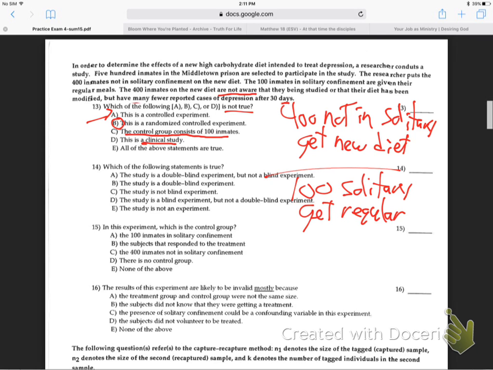Is it double blind? Double blind means both the doctors giving the treatment and the patients don't know. Just the administrators over the whole thing know, because sometimes the doctors have to identify changes that are kind of subjective and they could be swayed. But they never say the doctors don't know. So this is just blind, but not double blind.